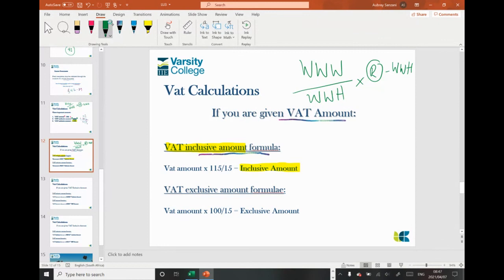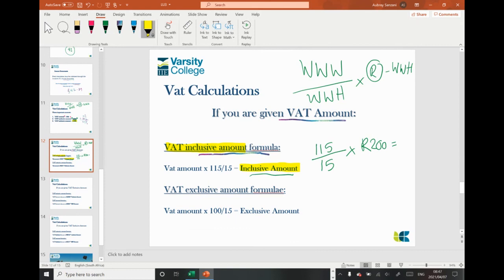All right, so we know VAT inclusive is 115. What do we have though? We have the VAT amount, which is 15. Let's just say the VAT amount is 200 rand. We then say times 200 rand, and that would give us the VAT inclusive amount.